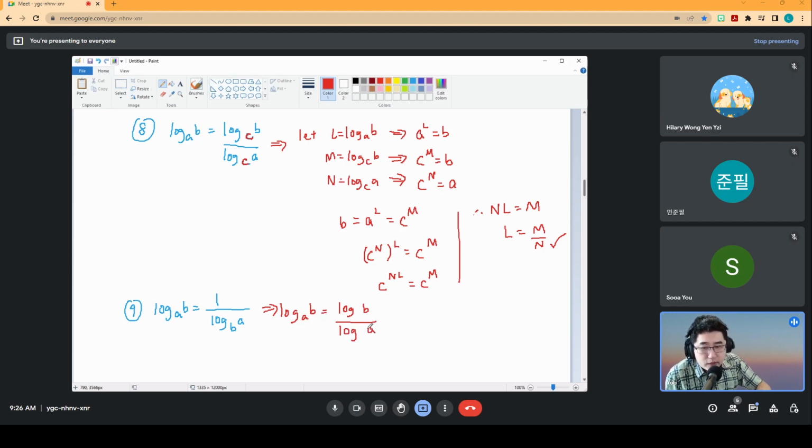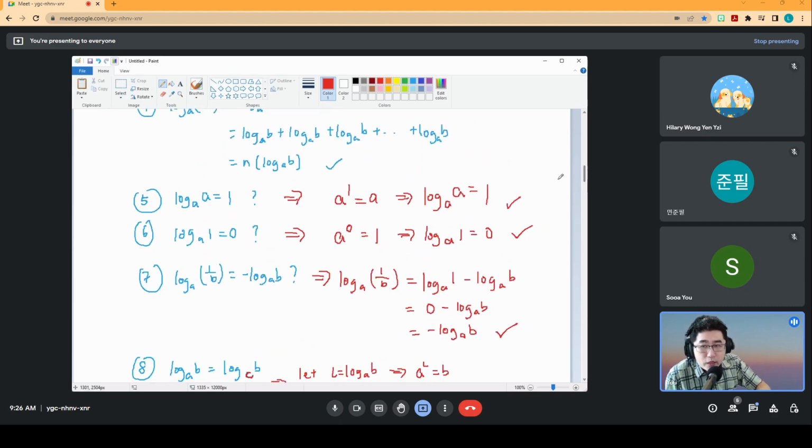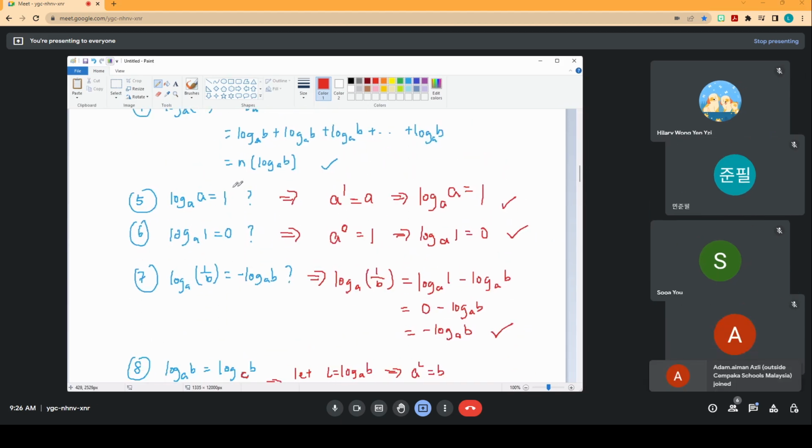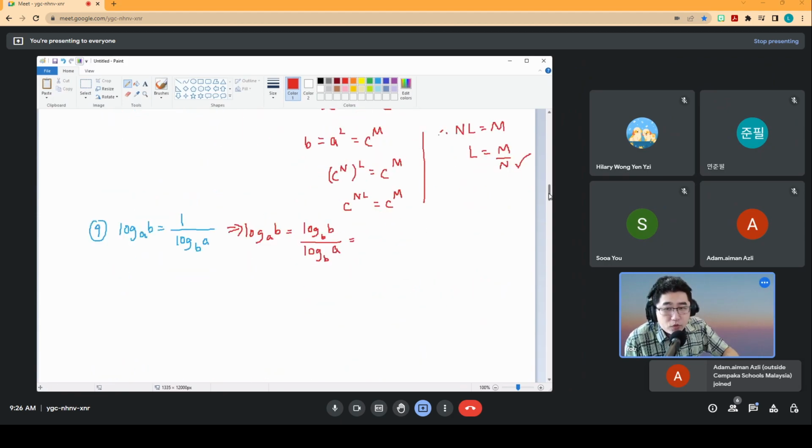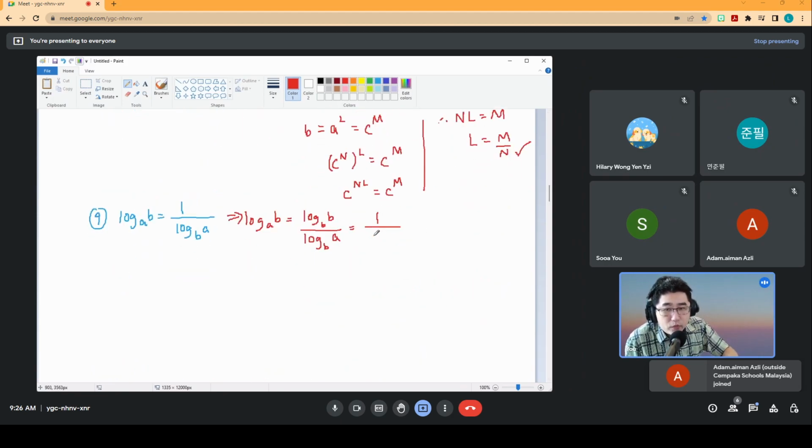So I decided to replace by base b. So log_b b, from rule 5, has the value 1. So I have 1 over log_b a. This is very easy to understand. Are you okay now?